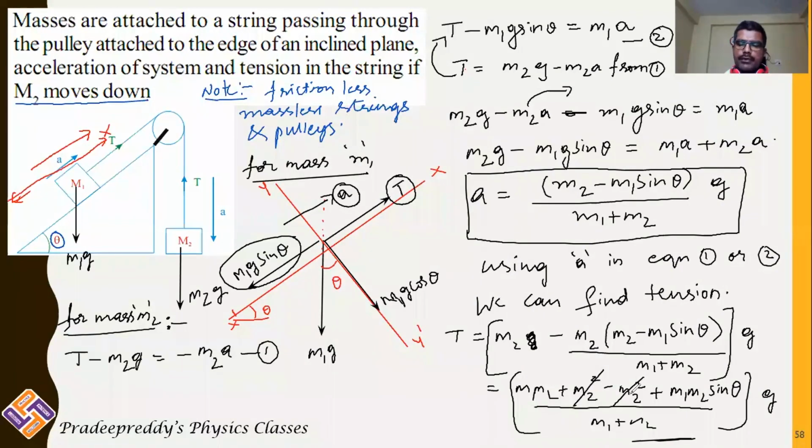You can cancel m2 squared on both sides. So the final answer will be: tension T is equal to m1 m2, if I take it common, (1 plus sin theta) divided by (m1 plus m2), into acceleration due to gravity. That will be the answer for the tension T in this string.